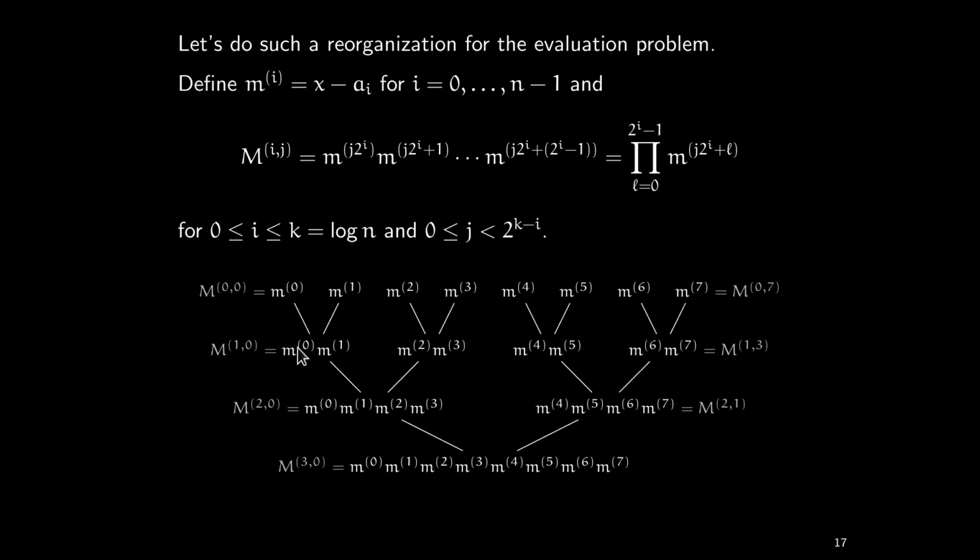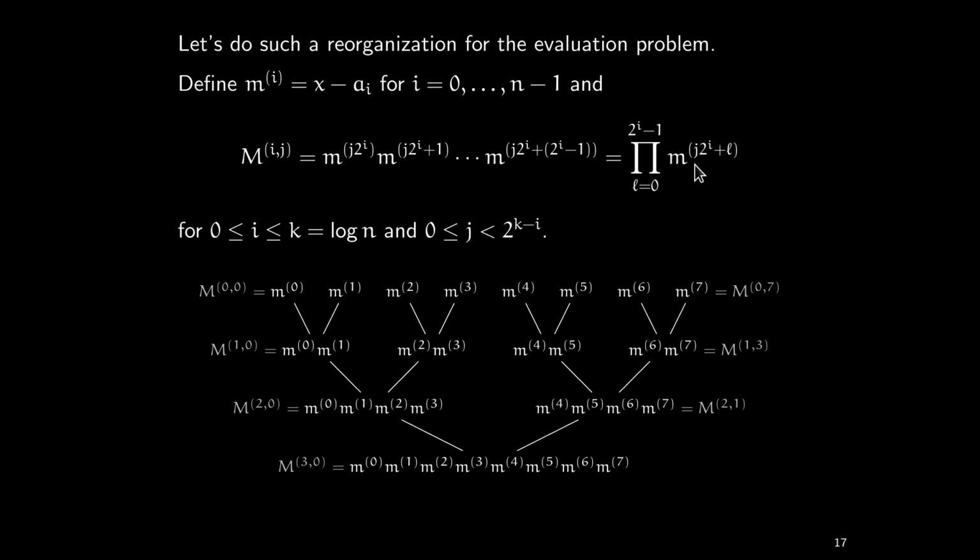Here on this level the polynomials were obtained by the product of two polynomials above. If they have degree 1, then this one will have degree 2. And this one will have degree 4, because either you say it's a product of 4 polynomials of degree 1, or it's the product of 2 polynomials of degree 2.